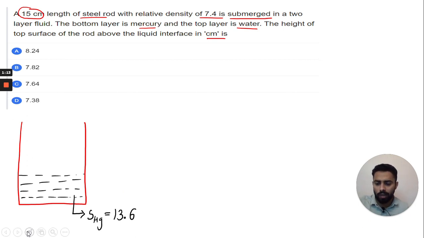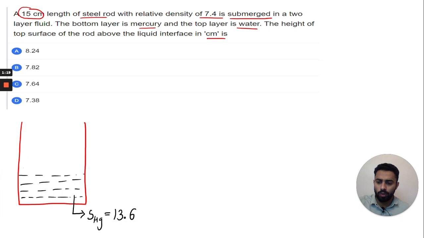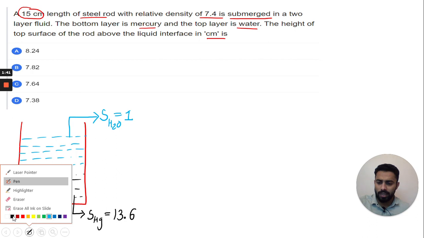There is one more name for the specific gravity which is relative density. The bottom is mercury and top is water. So water has a specific gravity which is equal to 1. This is not given in the question, but you must know this value, because it's very basic and can be easily remembered.